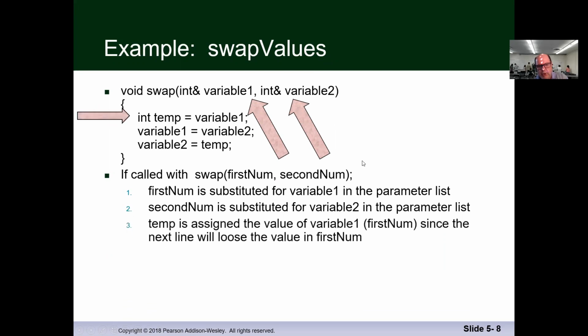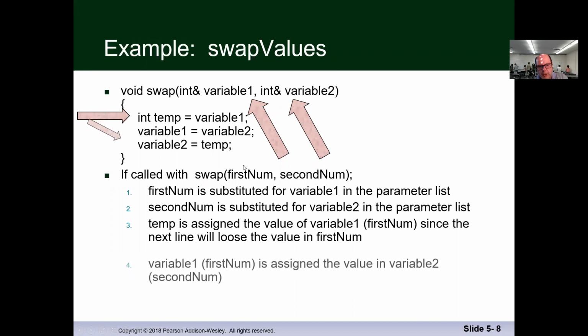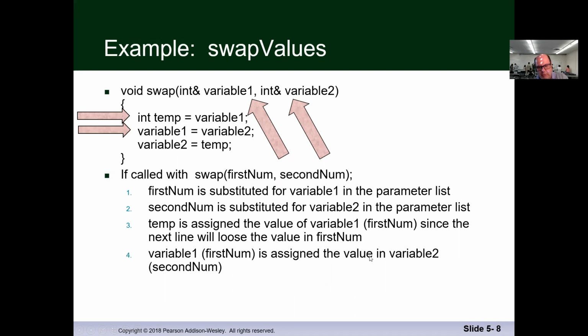And then whatever is in variable 1, we talked about 5 and 10, is going to go to a temporary one. And then we're going to put variable 2 inside variable 1.